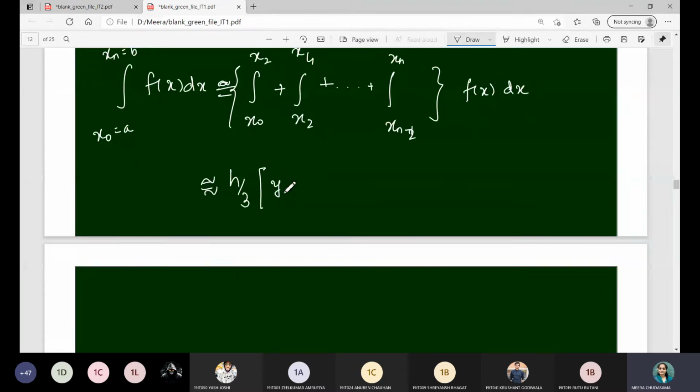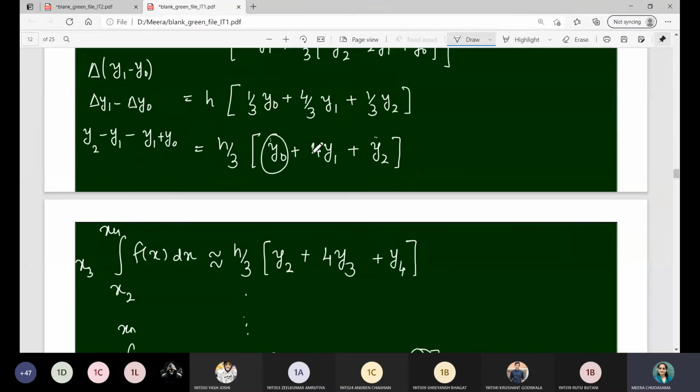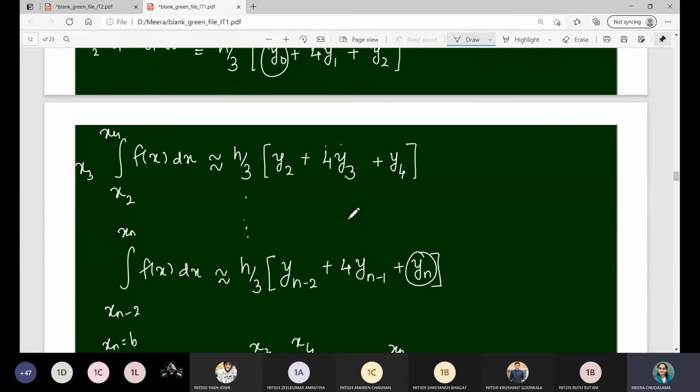Then if you observe, y0 occurred once and yn occurred once. So I will write it as y0 plus yn plus, let us now consider the coefficients of 4, the constant quantity 4. Here y1 came with 4, then y3 came, the middle parts, that means the odd suffix y values, come with the multiple 4.